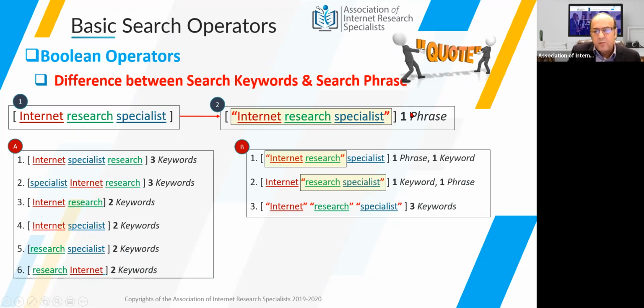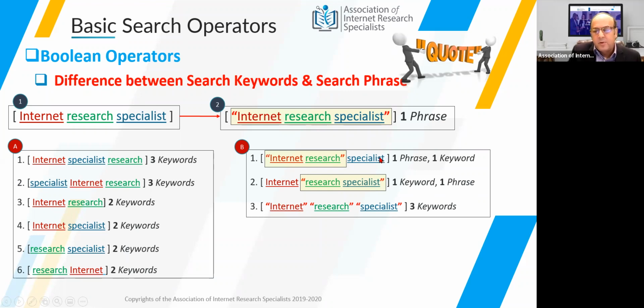When we start to move quotation marks, like in one right here in B, internet research, for instance, it is going to only make sure that these two are together and they appear as a single search term and they are matched in search results as a mandatory return. Whereas the word specialist being outside the quotation marks would have given the search engine the freedom to either drop this word totally or replace it with any other, or to pair specialist with some other word.